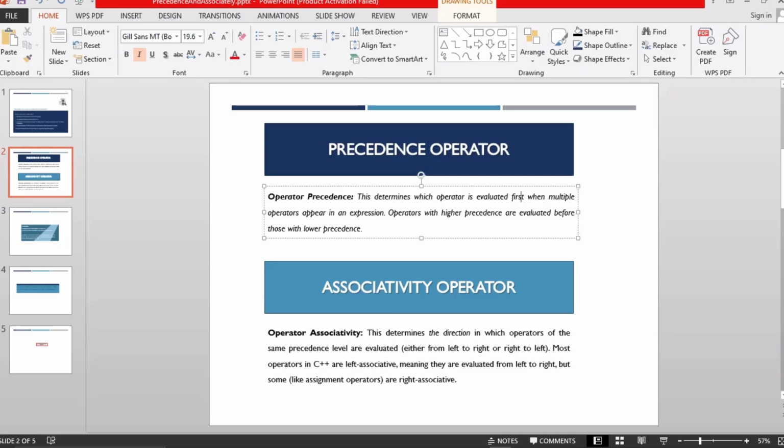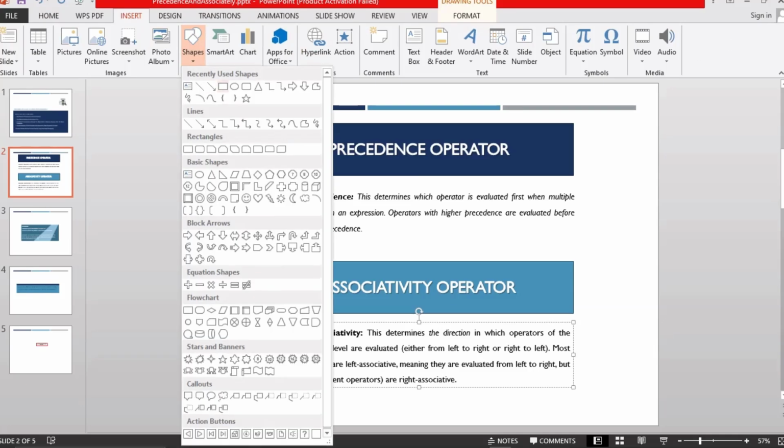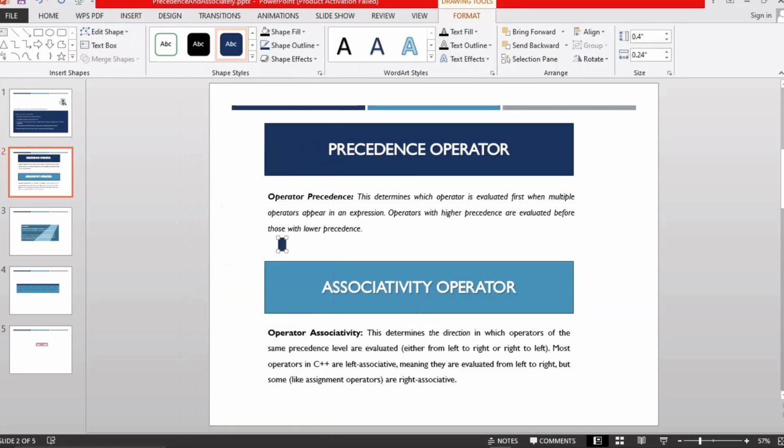With associativity we are talking about direction: should we start from left to right or from right to left? Most operators in C++ are left associative, meaning they are evaluated from left to right. Let me bring an example to show you.